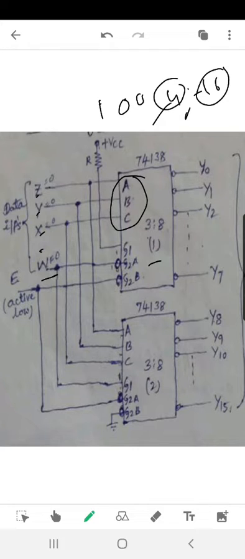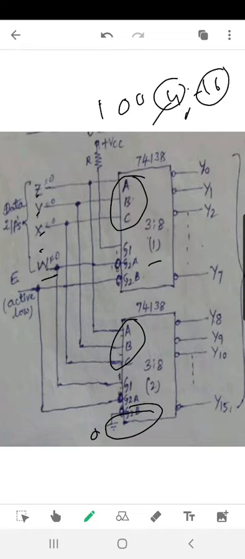Now these XYZ inputs were applied to the first decoder. In the same manner they will be applied to our second decoder. The ABC inputs of our second decoder will be connected to Z, Y and X respectively, and the G2B pin will be connected to ground.